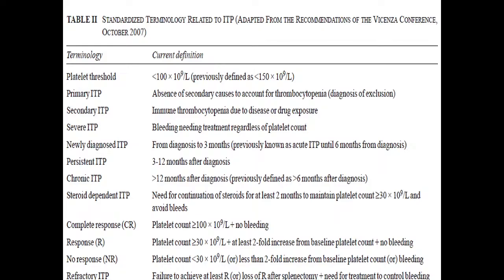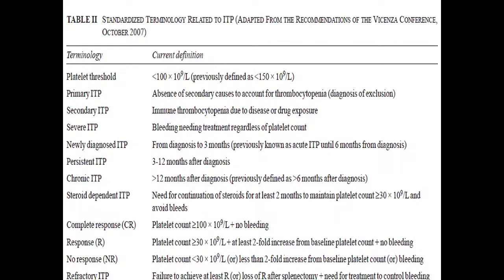Then newly diagnosed is up to 3 months, persistent 3 to 12 months, chronic more than 12 months. So, this is the timeline. In old books, or some books that have mistakenly taken the same timeline, chronic is defined as 6 months, but nowadays it is 12 months. This is also a 20-year-old change.